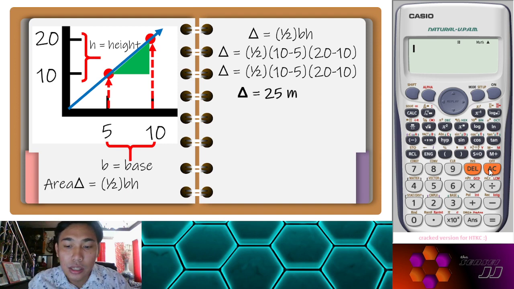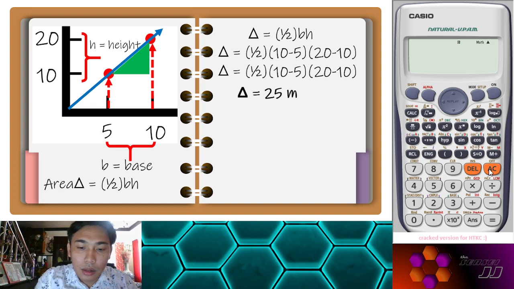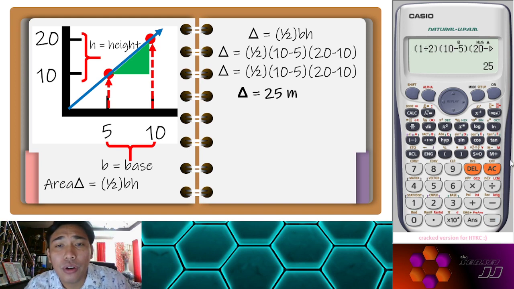Let's try to solve this one, guys. We have 1/2 times our base, which is 10 minus 5, and our height, which is 20 minus 10. So we can get the value of our velocity, or our distance covered, which is 25.